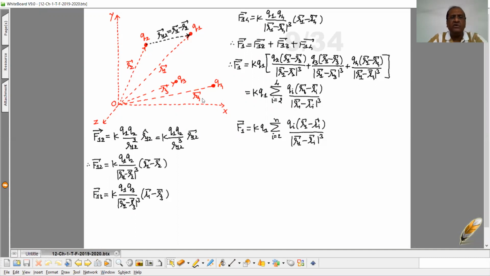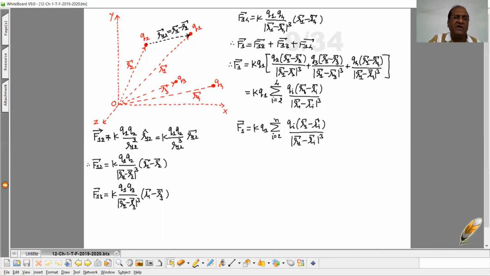Now suppose we want to find the resultant force acting on charge Q1 due to Q2, Q3 and Q4. So we have to calculate the force acting on Q1 by Q2, then the force acting on Q1 by Q3, and then the force acting on Q1 by Q4 using Coulomb's law.